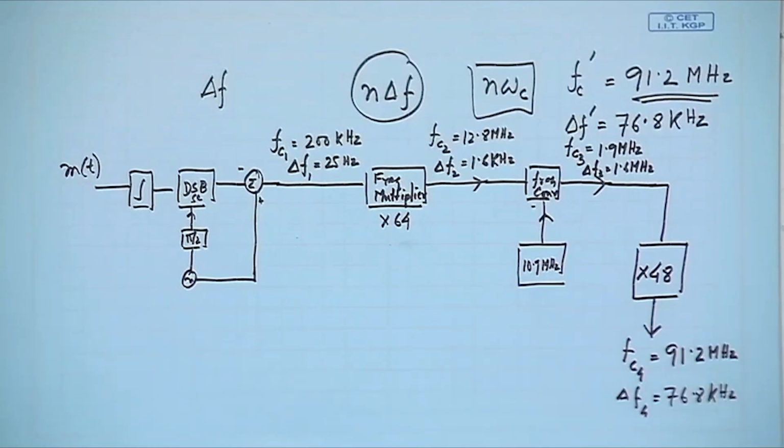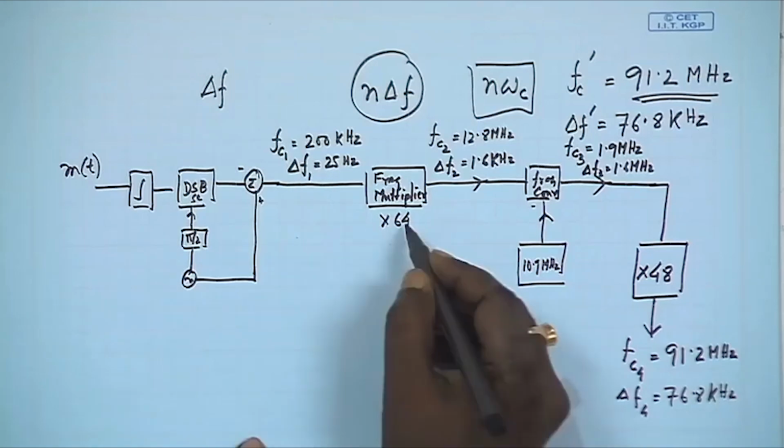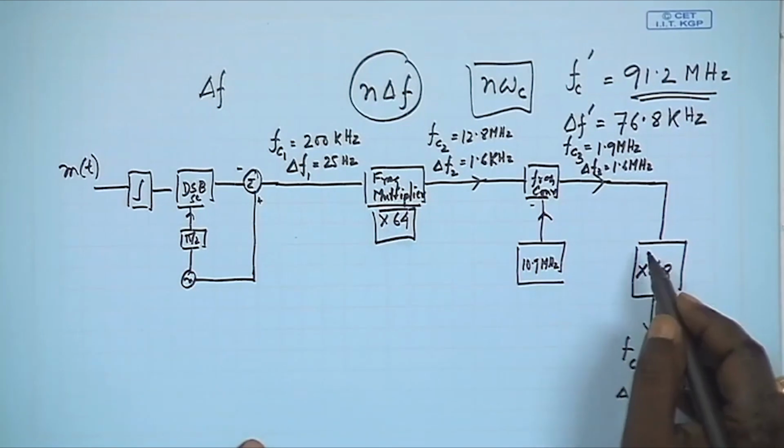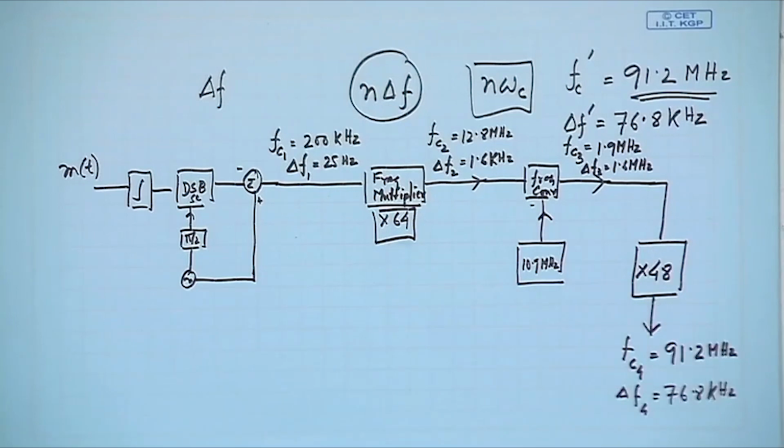So, basically you have employed a multiplication of 64 into 48, but you did not do it simultaneously or together. What you did is split this multiplication. So, you have employed two circuits to do the frequency multiplication, and in between you have adjusted your frequency so that with the final multiplication you will get your desired FM signal.